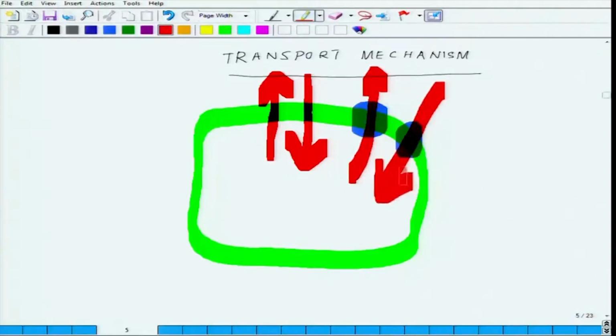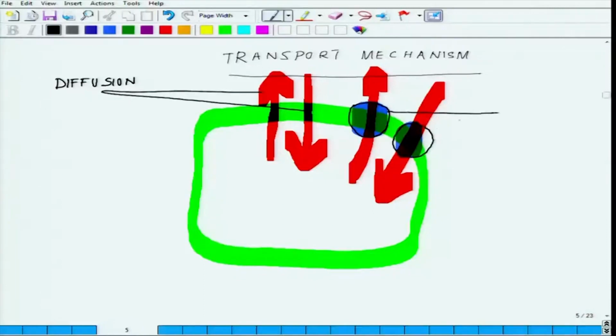Okay. So, essentially what you see out here in the first case is a case of free diffusion. Here in blue, what I have drawn out here, which I am circling now, are the proteins which allow a facilitated diffusion.